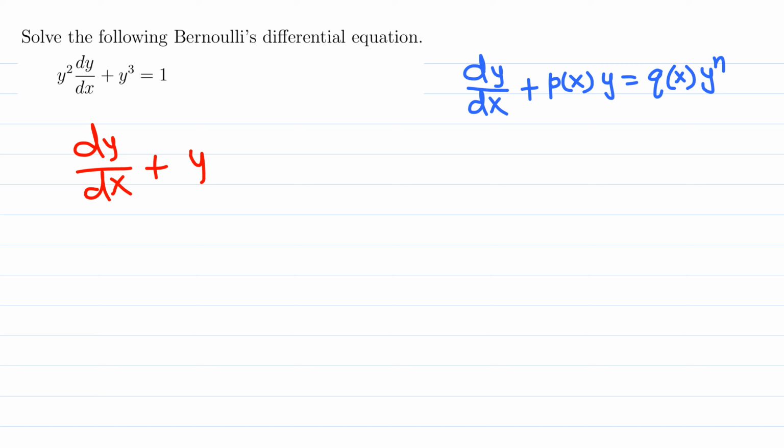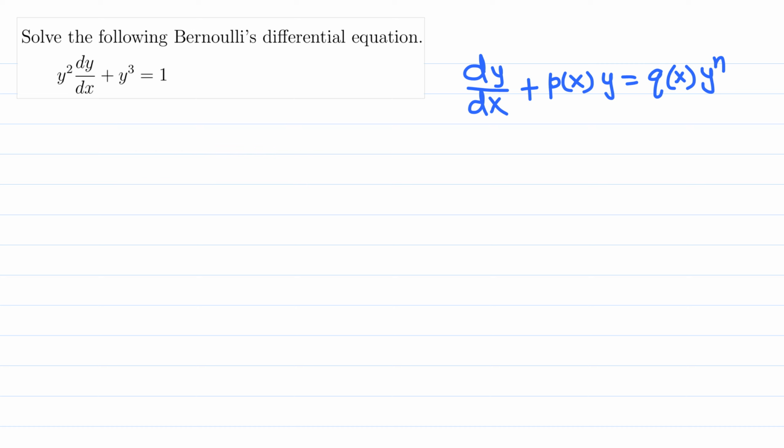Now this is in that form. dy over dx plus y, p(x) is 1, and q(x) is 1 as well. y^n is y to the negative 2. Okay, this one is in Bernoulli's form, but somehow this is written in this way.